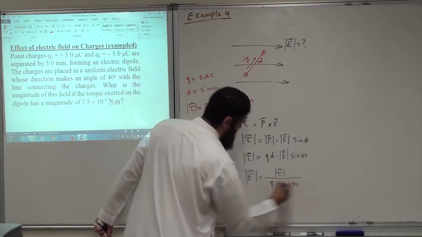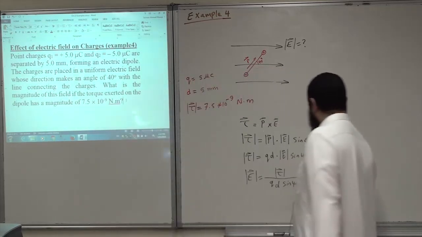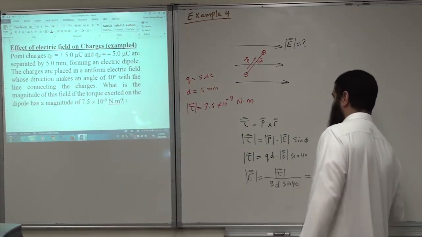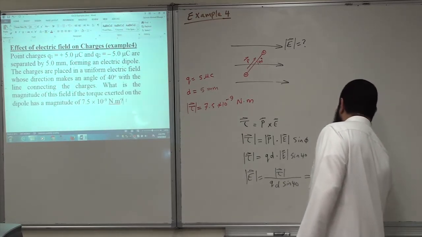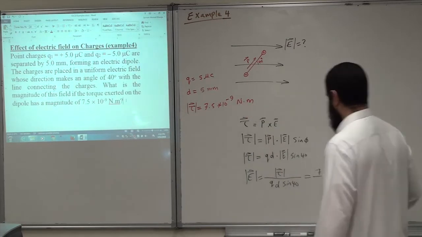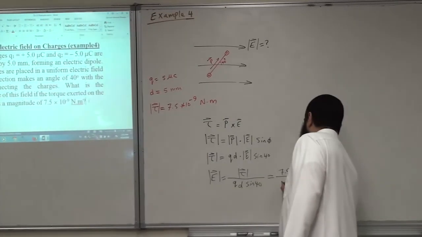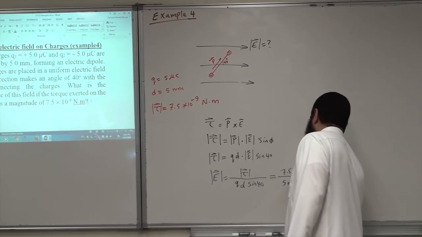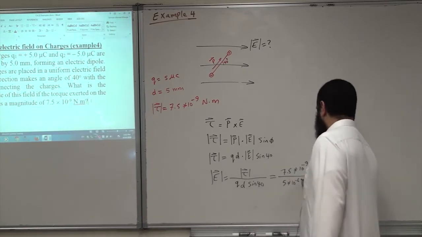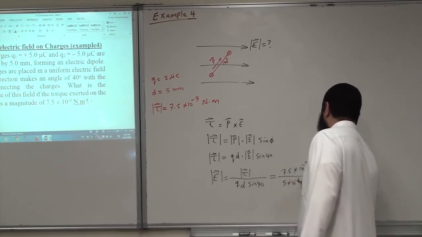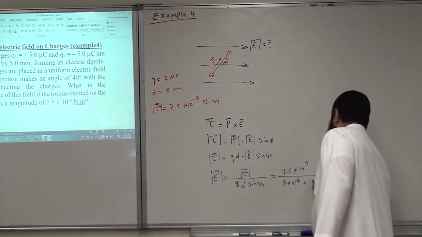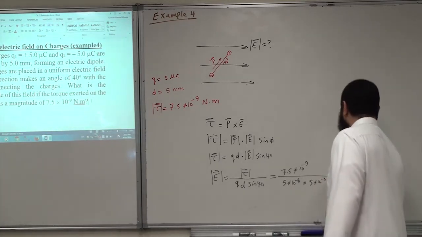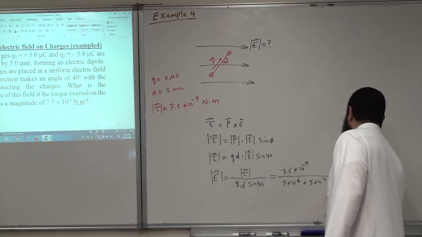Plugging in the numbers, the torque is 7.5 times 10 to the minus 9 SI units, Newton meter, divided by Q, which is 5 micro, so I replace the micro with 10 to the minus 6, multiplied by d, which is 5 millimeter, so I replace it with 5 times 10 to the minus 3 meter, multiplied by sine 40.